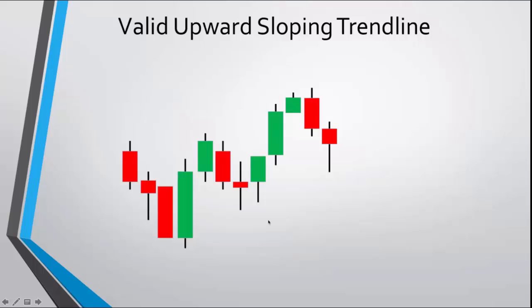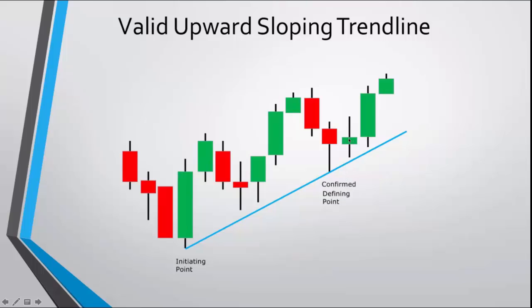So, how would we draw a valid upward sloping trend line? We'd start with our initiating point right here. We have a potential defining point because until we see that the next candle does not touch it, once we see that, it is confirmed. So let's go through that again.